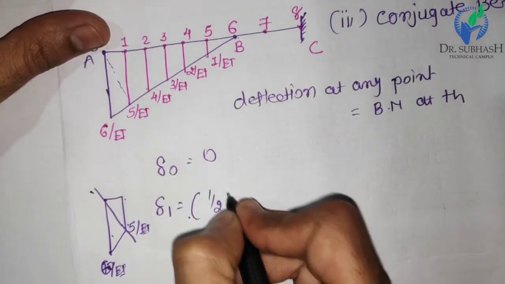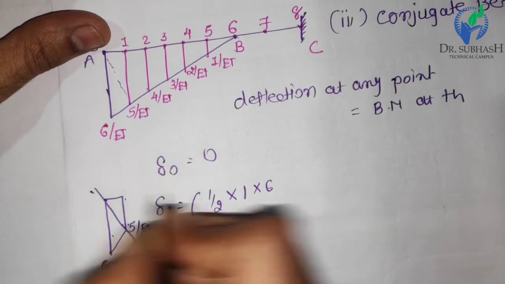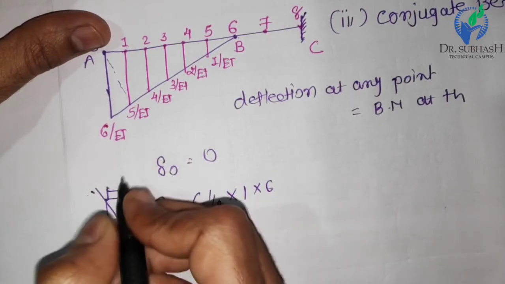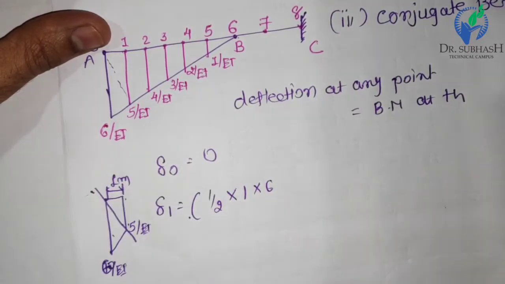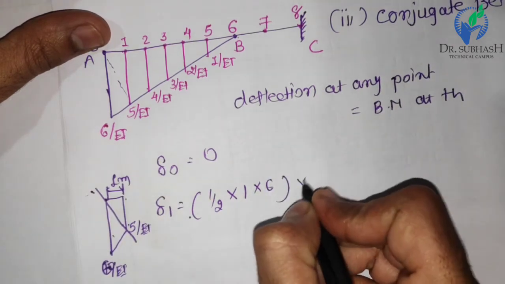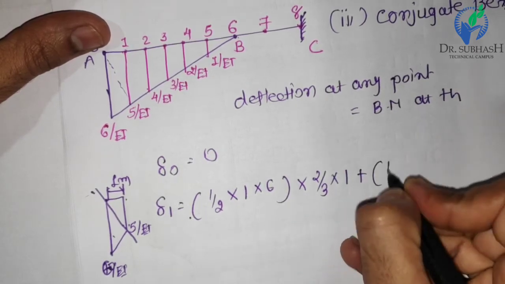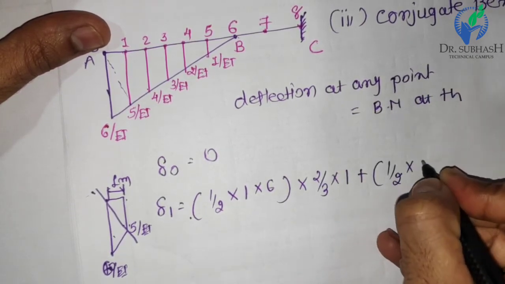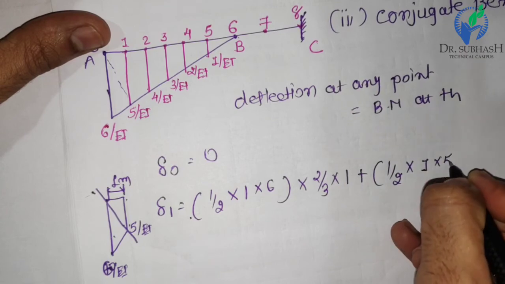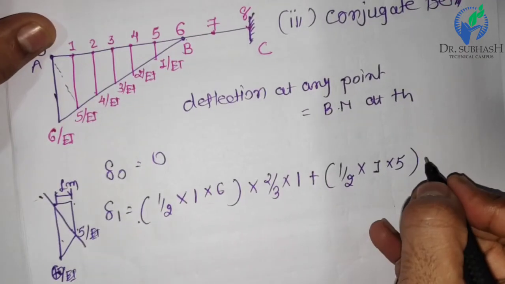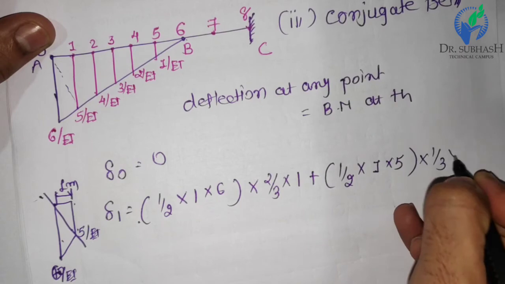So 1/2 into 1 into 6, because our width is 1 meter, since our interval is 1 meter. And what should be the CG? 2/3 of 1. Then the next part, 1/2 into 1 into 5 by EI, and CG is 1/3 of 1.